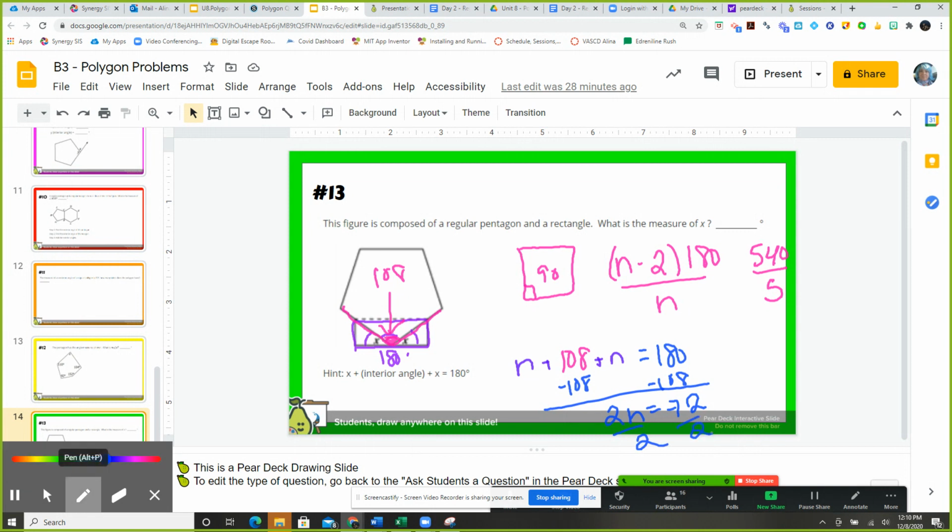Perfect. So each of those purple angles are going to be 36. And that's it.